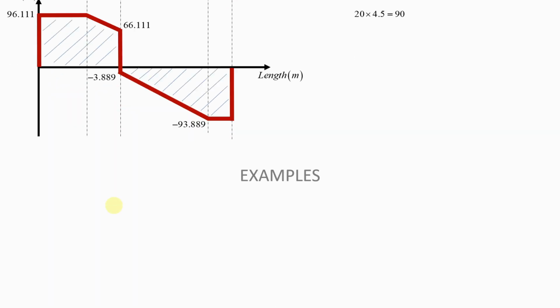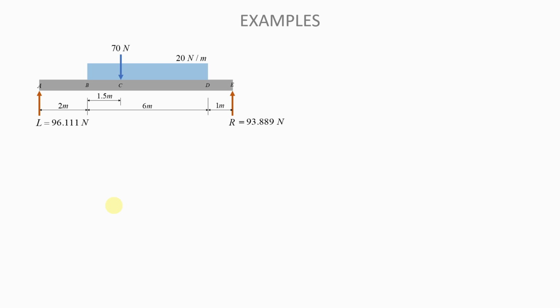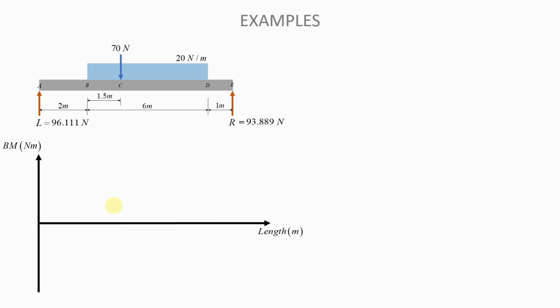And now let us look at the bending moment diagram. To draw the bending moment diagram, again, we have our axis as follows, and we will have also lines at all the points of interest as you see. When you are given points of interest, you just need to consider those points.